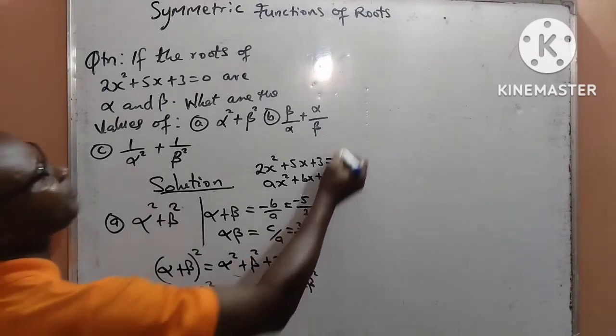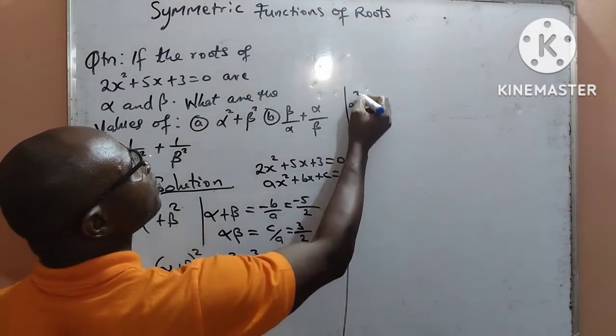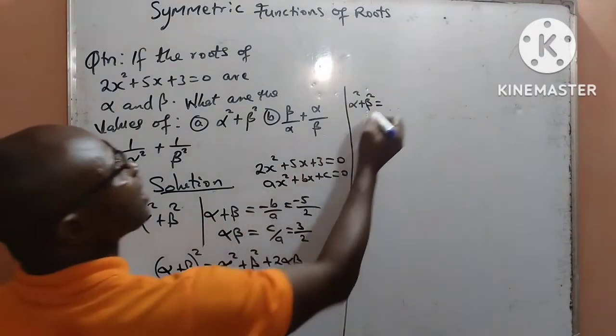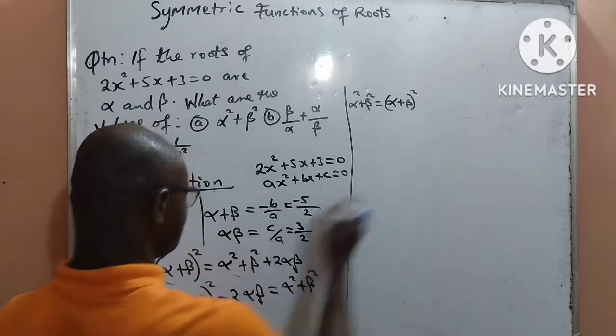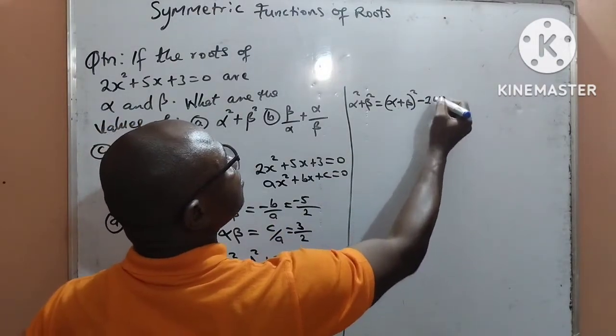We can now say from what we are asked to solve that alpha squared plus beta squared is the same thing as (alpha plus beta) to the power 2, minus 2 alpha beta.